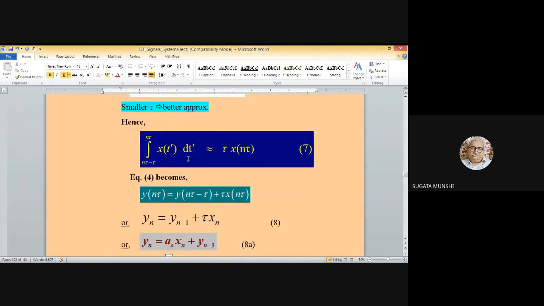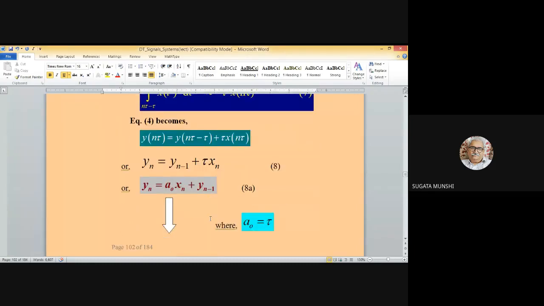Smaller the sampling interval, better will be the approximation. So y(n tau) becomes y(n tau minus tau) plus tau x(n tau), or y[n] will be y[n minus 1] plus tau into x[n]. If you keep the case general, y[n] will be a0 x[n] plus y[n minus 1], where this coefficient a0 is tau.